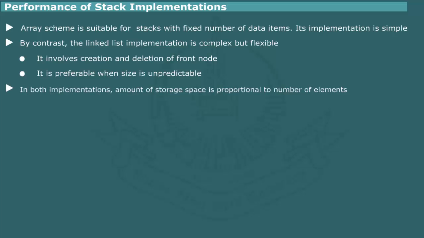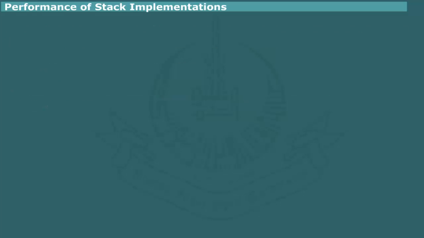In both implementations, the amount of storage space is directly proportional to the number of elements in the stack. Thus, in big O notation, the space efficiency of either implementation is O(n), where n represents total number of elements in the stack. Let us examine the time efficiency of the two implementations.